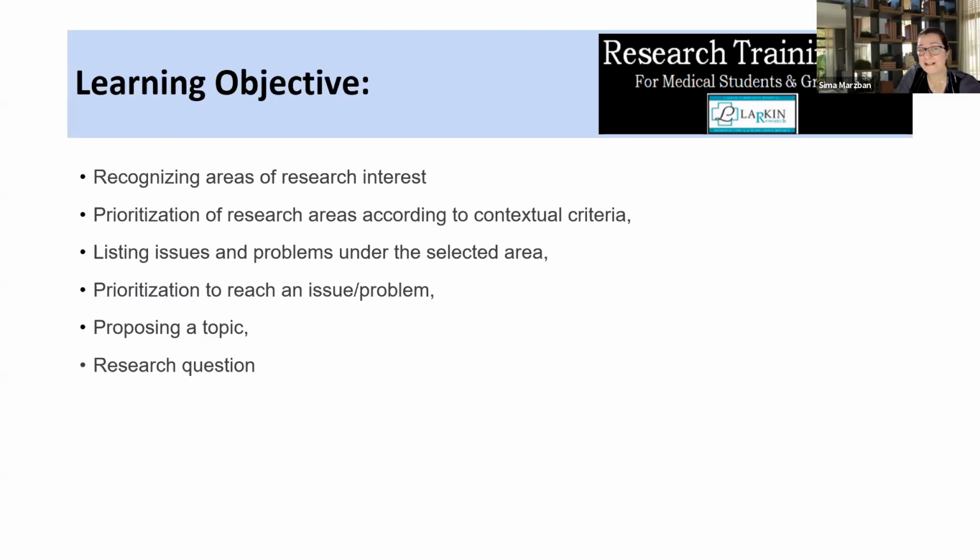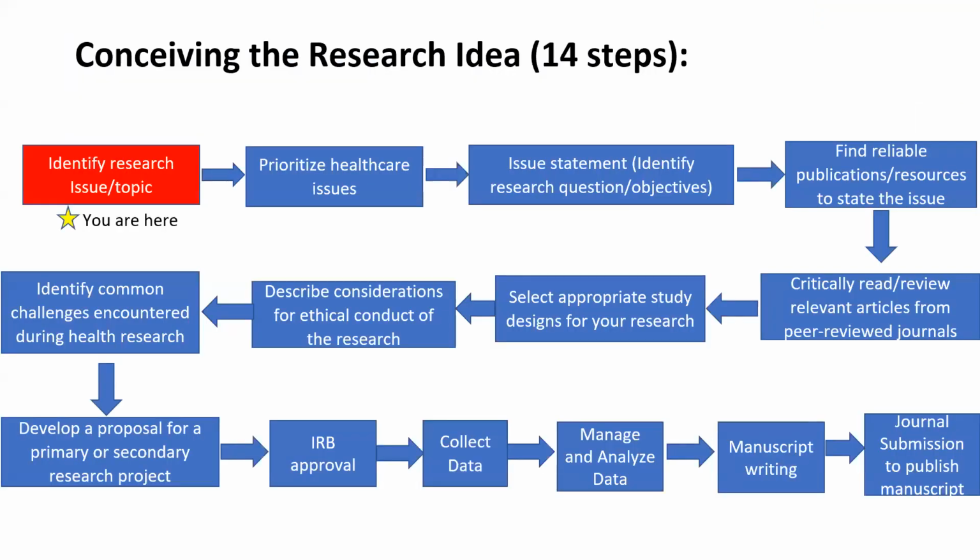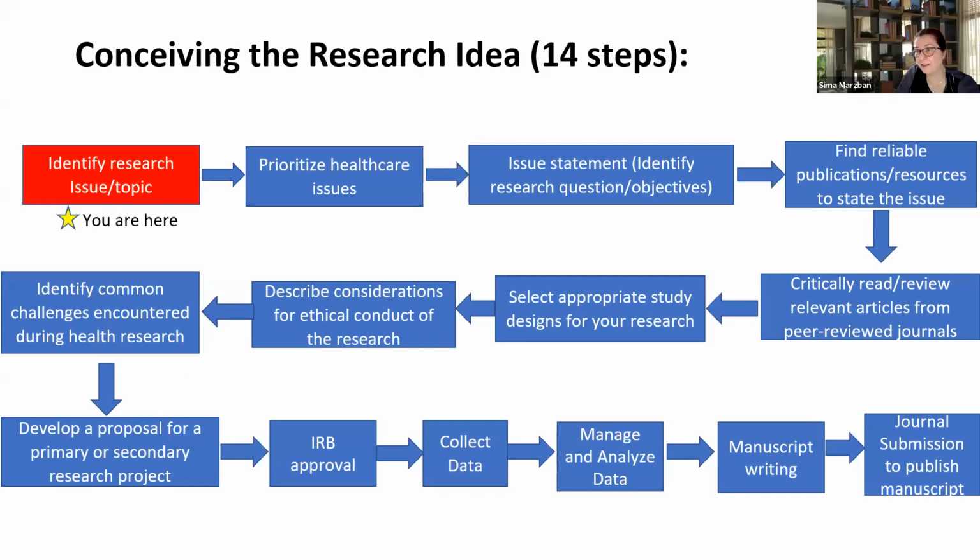And then listing issues and problems under the selected area. And then prioritize again the issues and problems. And then proposing a topic and defining a research question. How? Let us see. This is the journey that we will have during the next 14 months together.